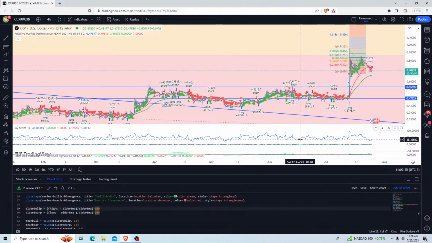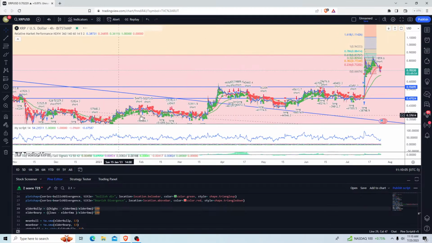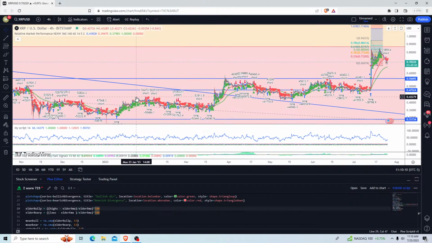It looks like it wants to go sideways and down and then go up and explode again. It's just doing the same thing that it's been doing since January, actually since November, where it comes up, it looks like it's finally good, and then it comes back down, makes a higher high, comes back down again, makes a higher high, comes back down again.